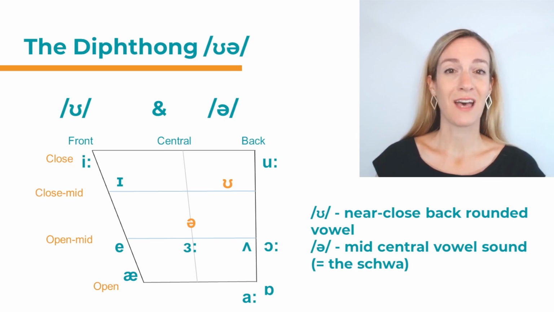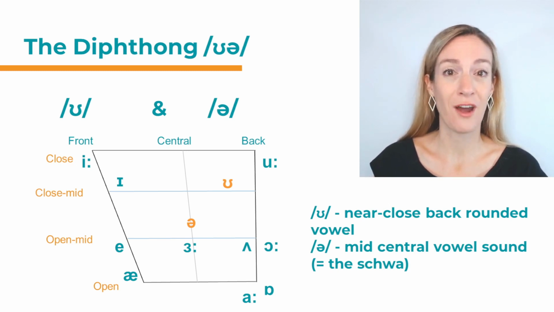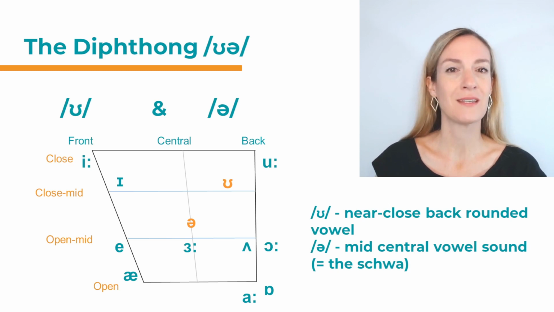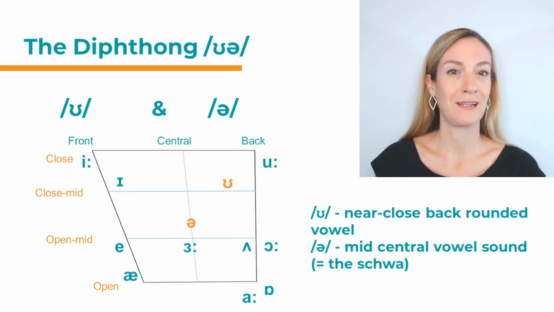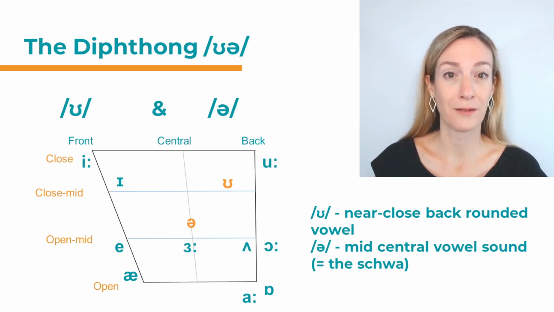The second sound is schwa, and you can see it's fairly towards the middle of the vowel chart. And this is a very special sound. It is called the mid-central vowel sound. And because it has a very special role, especially in English, but also other languages, it's got a special name even, and it's called the schwa.